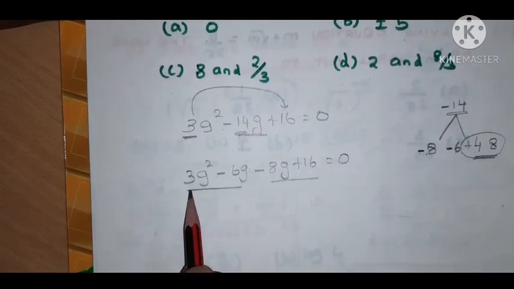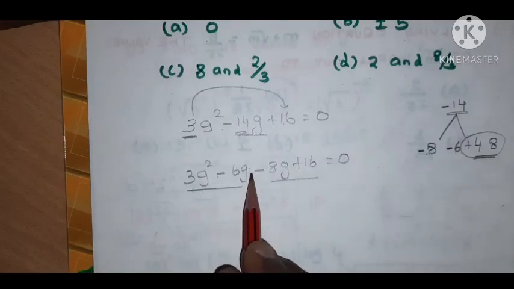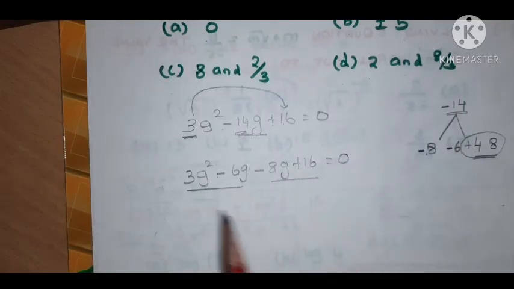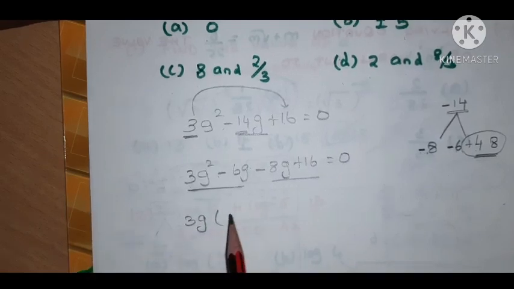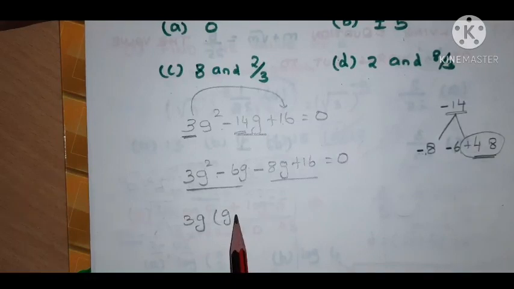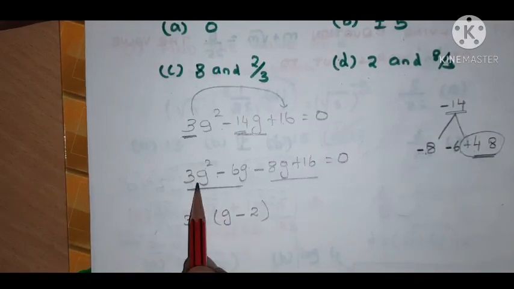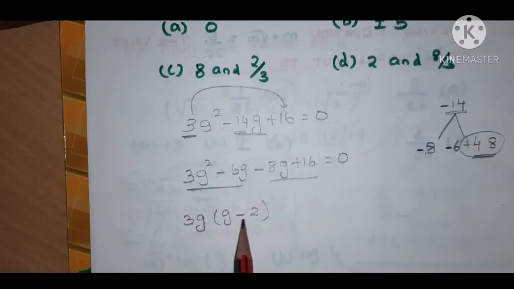Look at the first two terms, 3g squared minus 6g. The common thing is 3g. If I take 3g outside, g minus 2 will remain. 3g into g is 3g squared, and 3g into minus 2 is minus 6g.